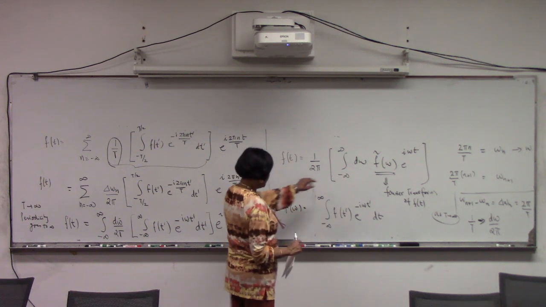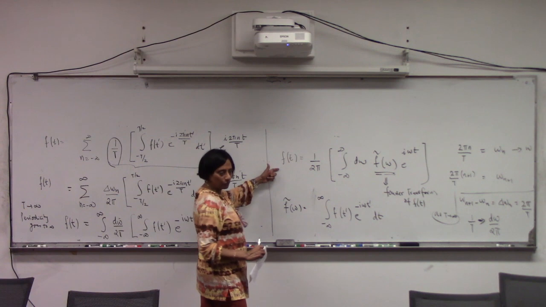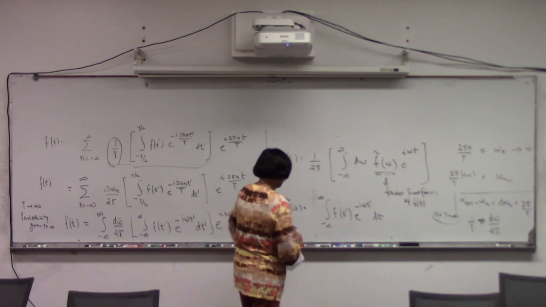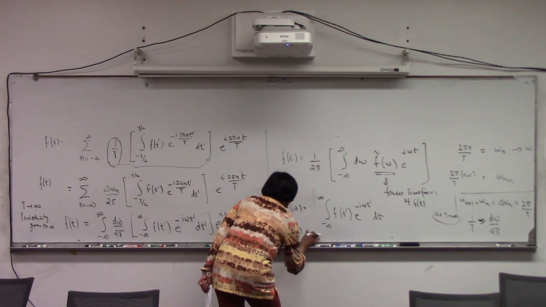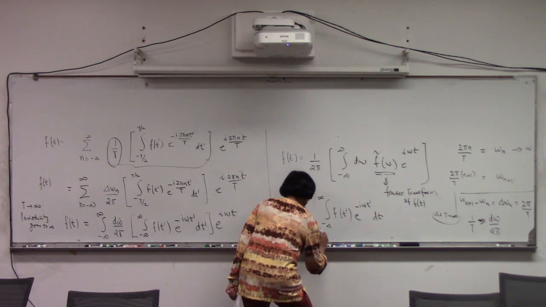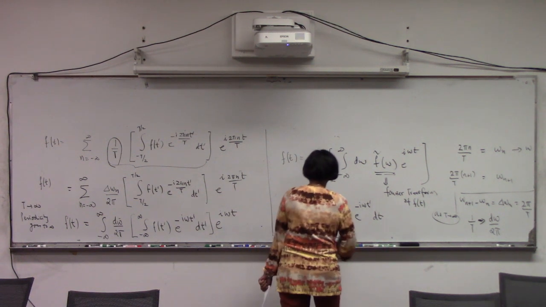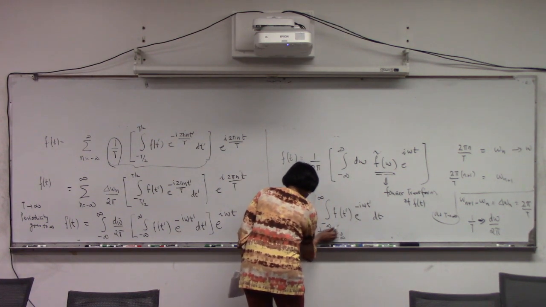This is called the Fourier transform, and this is the inverse of the Fourier transform of the function. So the inverse Fourier transform would be, f of t can also be written as 1 over 2 pi times the integral from minus infinity to plus infinity of, oh, I've already written that, okay, it's there.